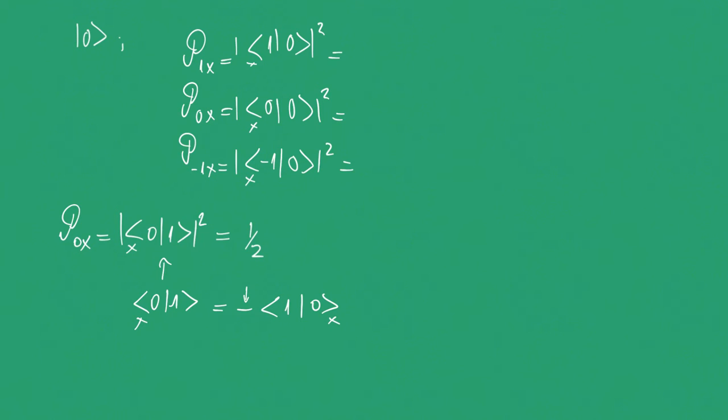And then we can interpret that this first probability here is also equal to half for this property. If this probability is equal to half, this probability for the input state ket 0 also must be half.